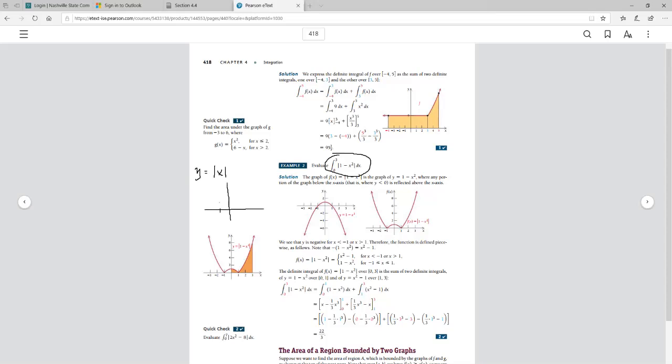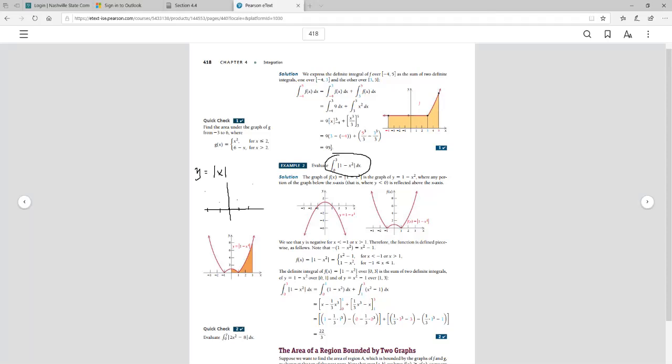And then if x is -2, the absolute value would be +2. And of course, the absolute value of 0 would be 0. That would be here. And the absolute value of 1 would be +1. And then the absolute value of 2 would be +2.